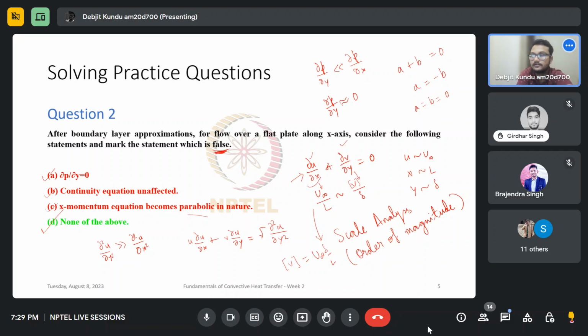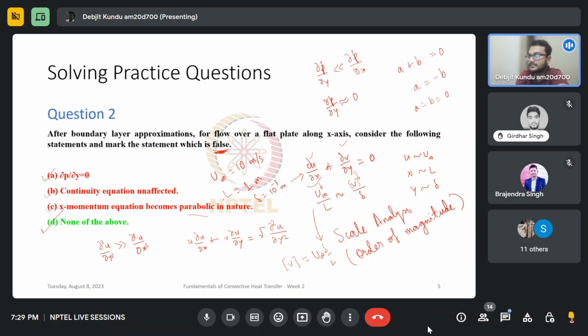I just know that the order of magnitude will be like this. So if I say that I have U infinity equal to 10 meters per second, then I have L equal to, let's say, 1 meter, and delta is equal to 1 millimeter, or I can write this down as 10 to the power minus 3 meter.